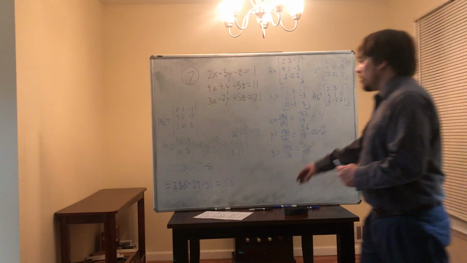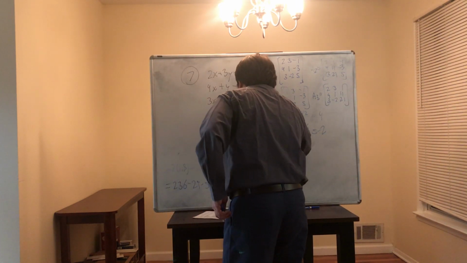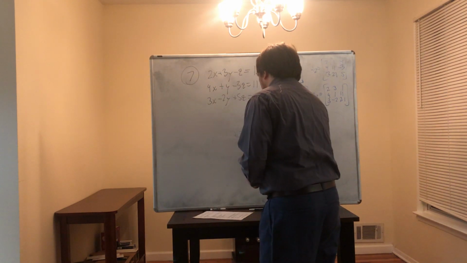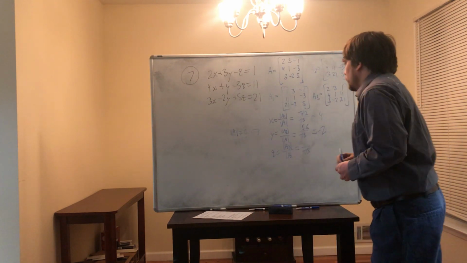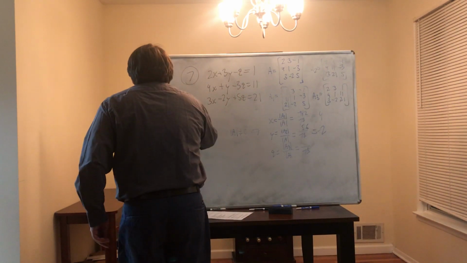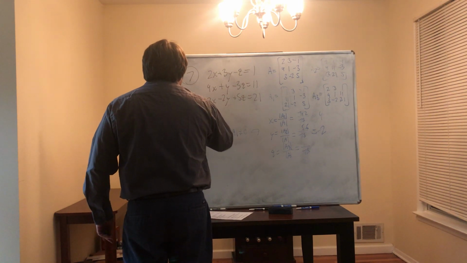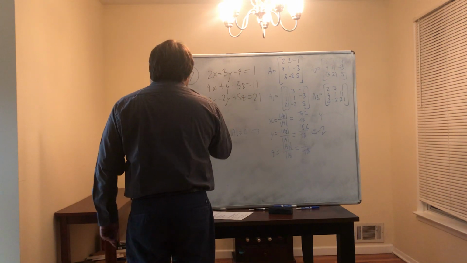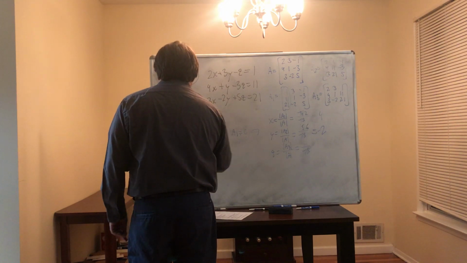Okay, so then in terms of A3, it is the determinant of 2, 3, 1, 4, 1, 11, 3, negative 2, 21.